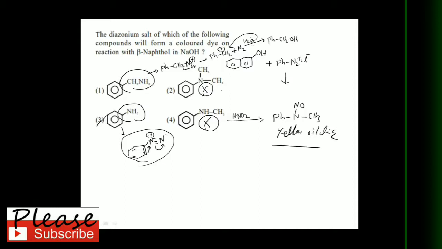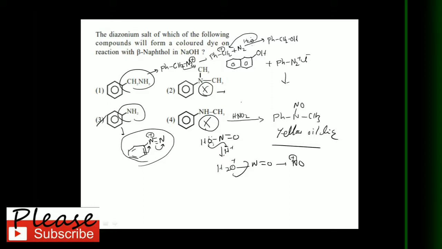Now with tertiary amines, NO plus is formed from HNO2. In acid medium, protonation of the OH takes place, and with the N=O, there is loss of a water molecule, so as a result you get NO plus.